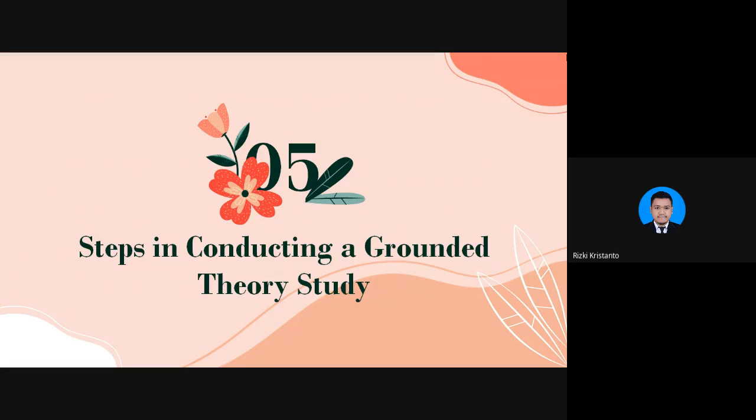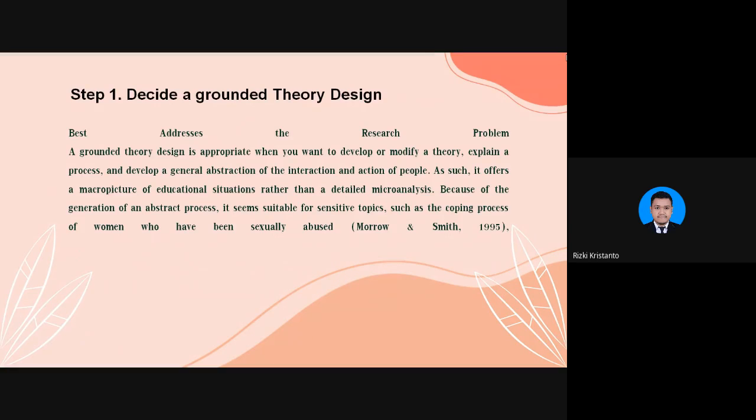Next. In outline number 5, we have steps in conducting a grounded theory study. Because a grounded theory design is systematic, we have some steps that must be followed by the researcher. And basically we have 8 steps. The first step is to decide on a grounded theory design. This addresses the research problem.